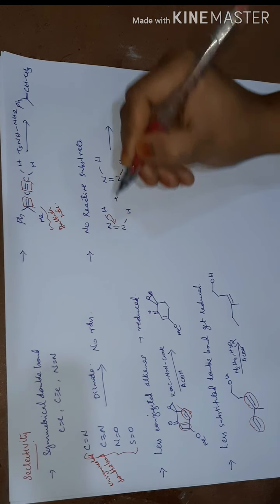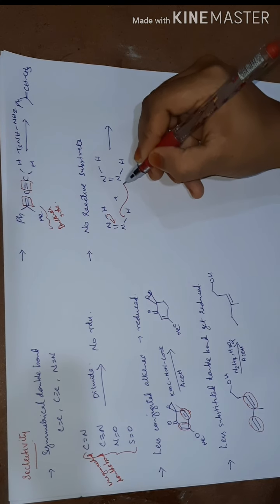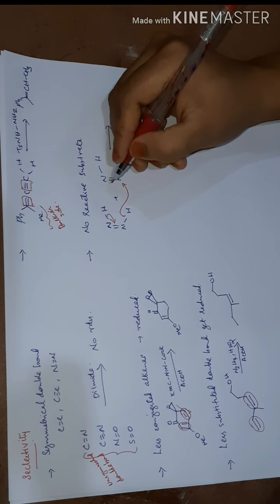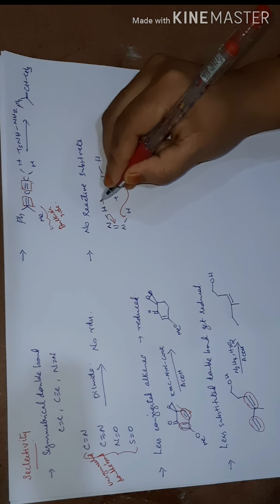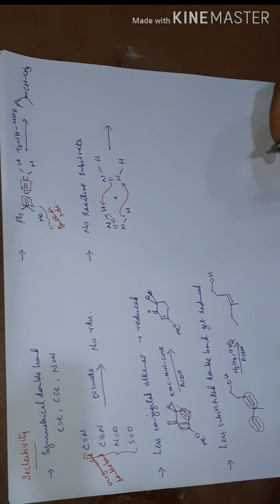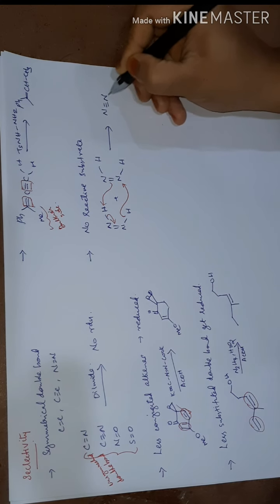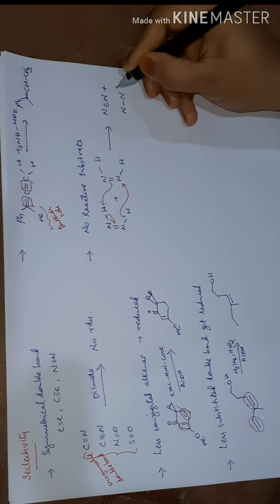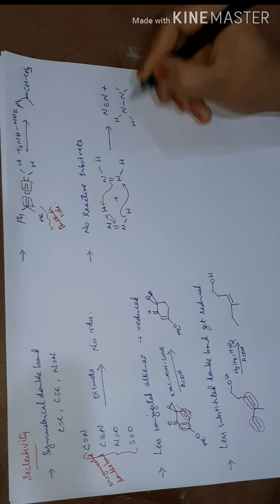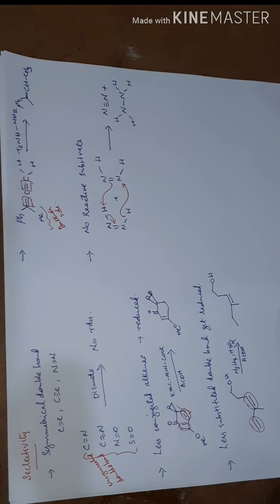This NH bond is shifted to here, and this NH bond is shifted to this nitrogen atom, and also this hydrogen is accepted by this N double bond N. It results in the formation of N triple bond N, that is nitrogen molecule, and hydrazine. That is, in the absence of any reactive species, the product formed will be like this.